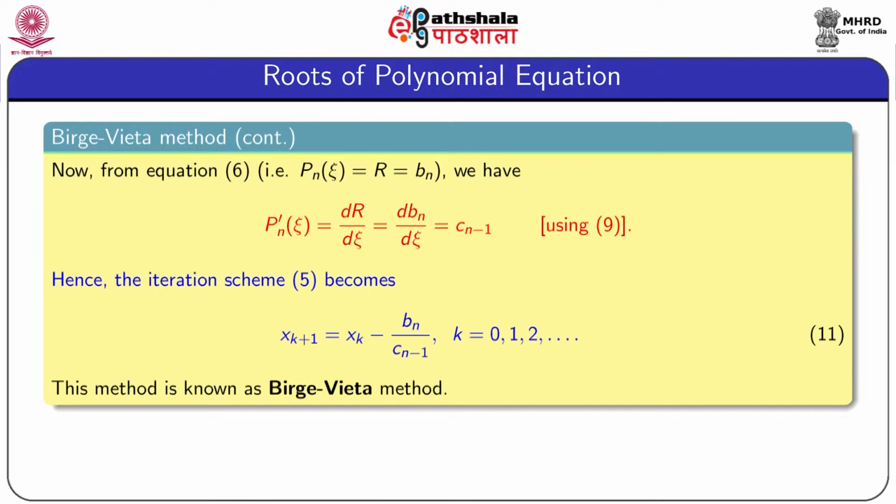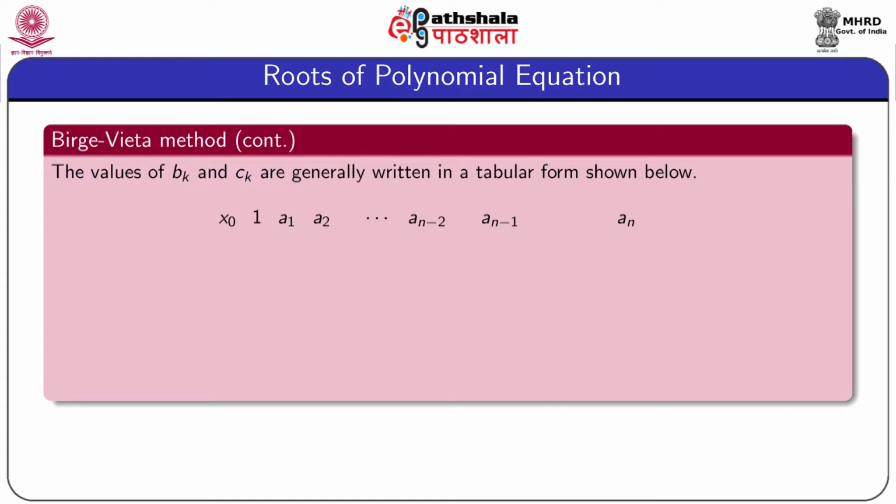This method is known as the Birge-Vieta method to find a real root of a polynomial equation. All the values of bk's and ck's are written in a tabular form shown below. The first row represents the approximate root x0 and 1, a1 to an, the coefficients of the given polynomial Pn. The second row is obtained by multiplying all b's by x0.